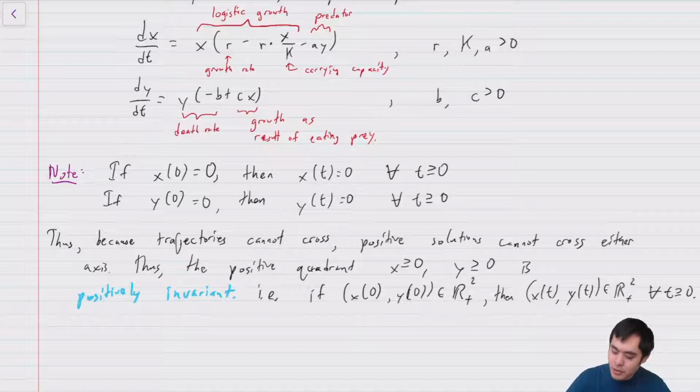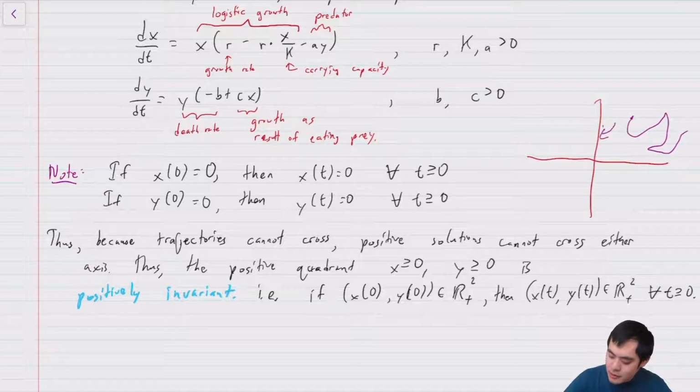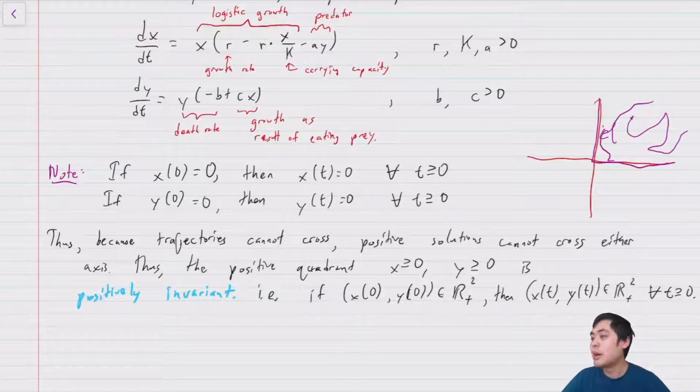So pictorially, what this looks like is if something starts up here, well, it can go around, but it can't ever cross the axes. So this makes sense because you don't want your model to be able to have negative numbers of predators or prey. That is just unphysical.